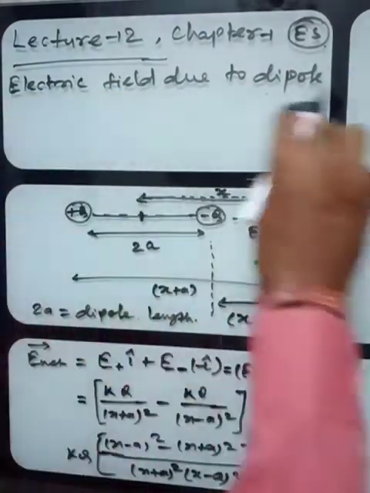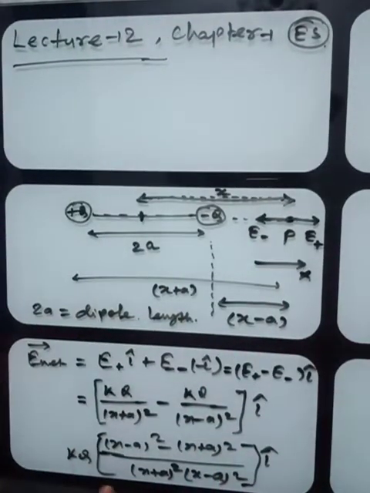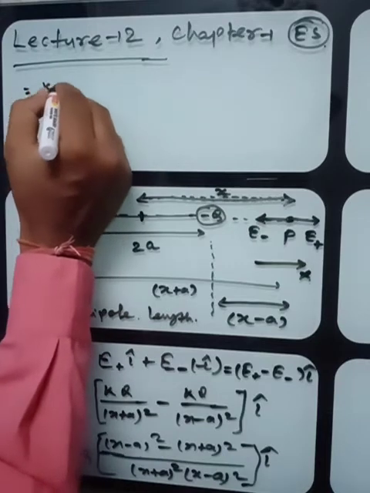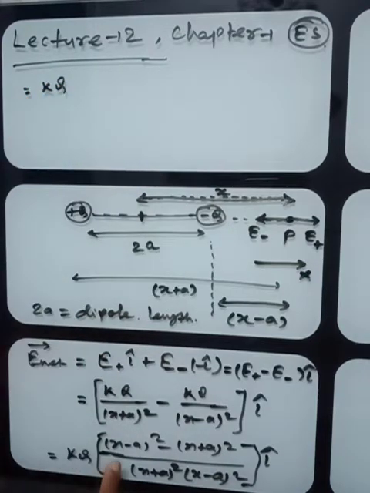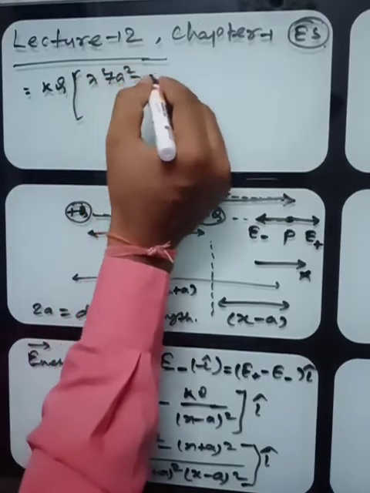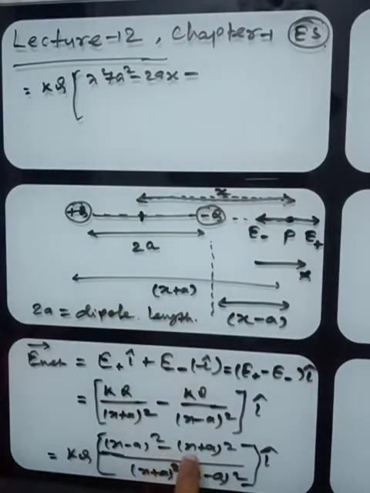Now this one, kq, x minus a whole square gives x square plus a square minus twice ax, minus x plus a whole square, which is x square plus a square plus twice ax.